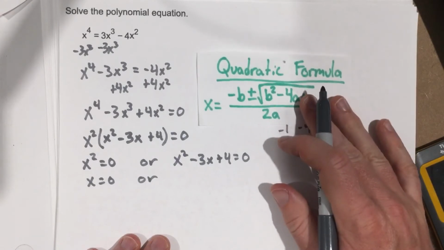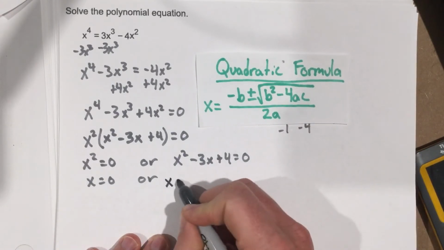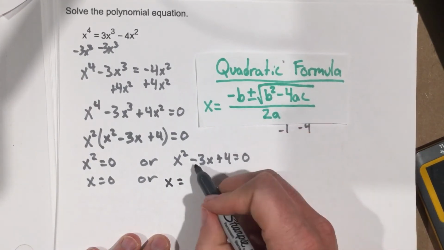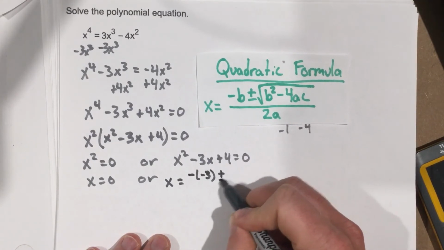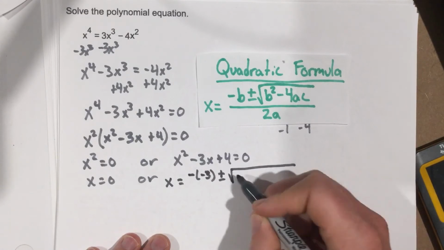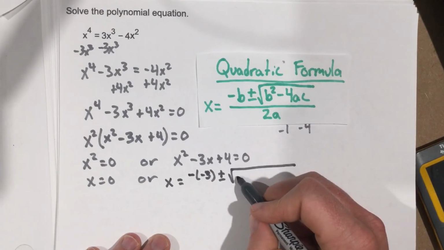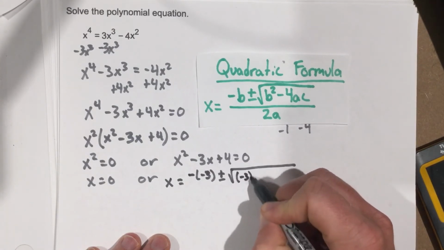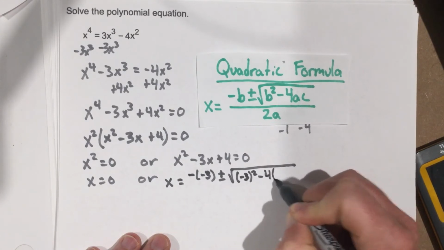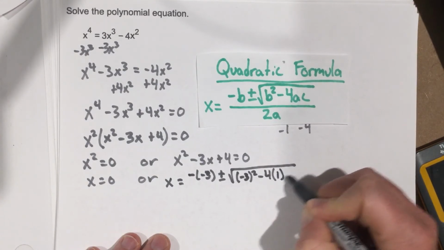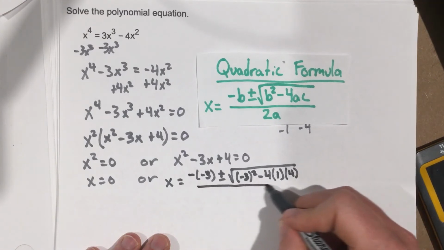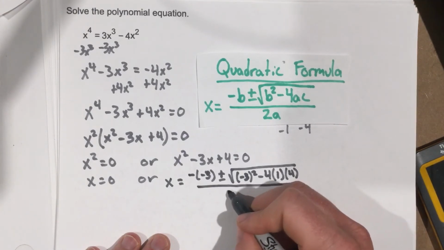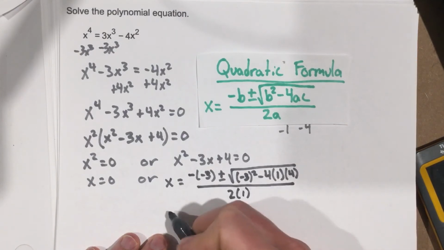So the quadratic formula is x equals negative b, so that's negative 3, plus and minus root b squared, so negative 3 squared minus 4 times a, which is 1, times 4, which is c, all over 2 times a, which is 1.